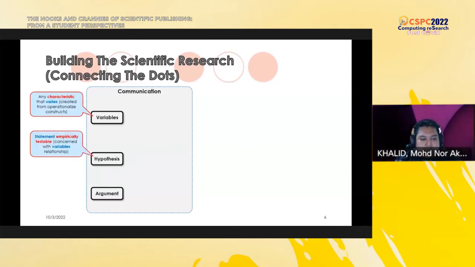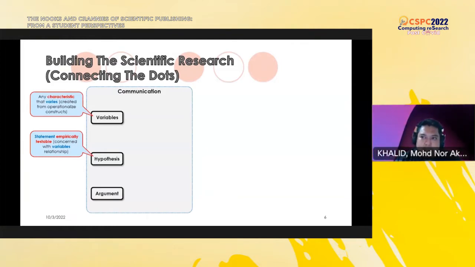It can vary, depending on what kind of construct and what kind of things you research. And a hypothesis is something that is empirically testable. So meaning that if you want to solve a certain problem, you want to define or measure a certain construct or concept, you need to have a very solid, concrete way to measure it. Not just coming from thin air.